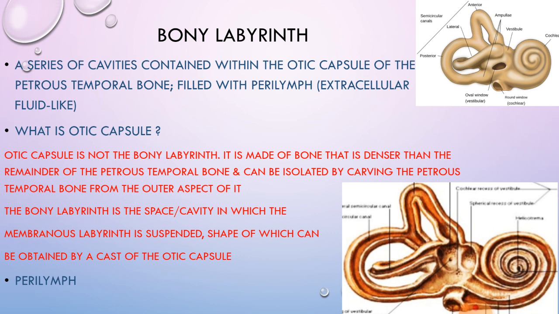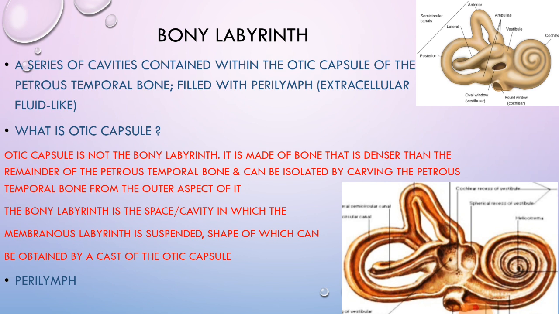Now, bony labyrinth is a series of cavities contained within the otic capsule of the petrous temporal bone, filled with perilymph, which is extracellular fluid-like. Now, what is this otic capsule? Otic capsule is not the bony labyrinth. It is made up of bone that is denser than the remainder of the petrous temporal bone and can be isolated by carving the petrous temporal bone from the outer aspect of it.